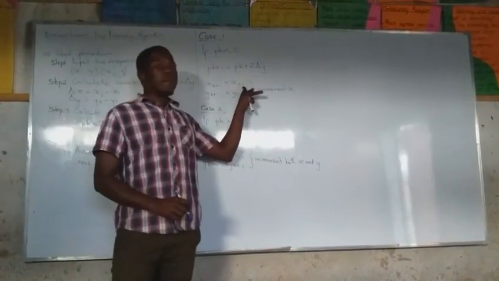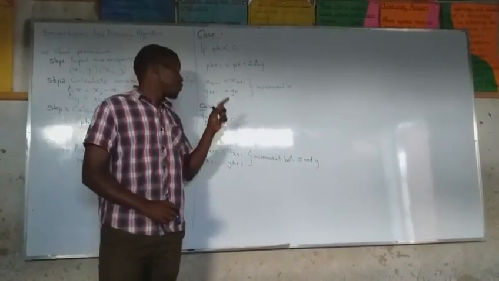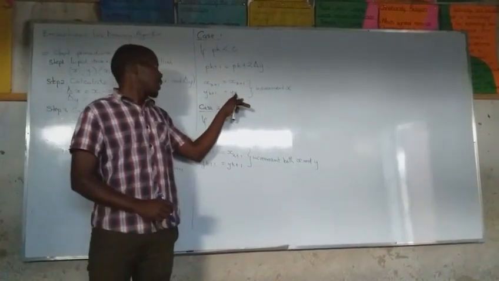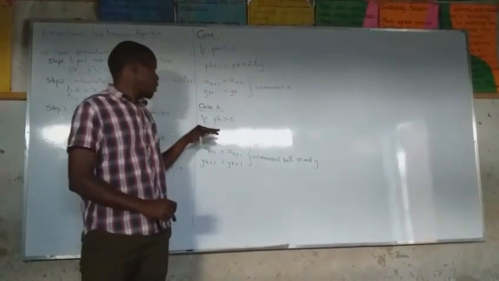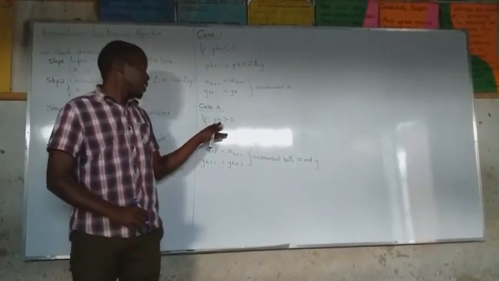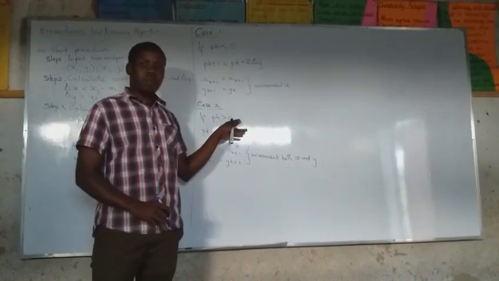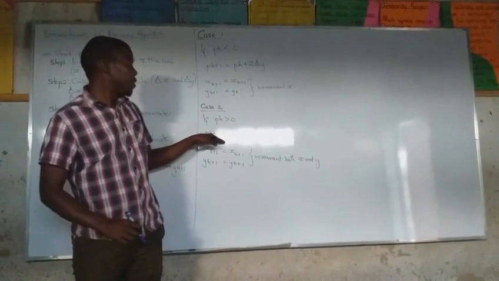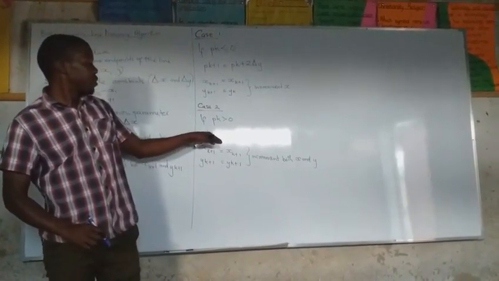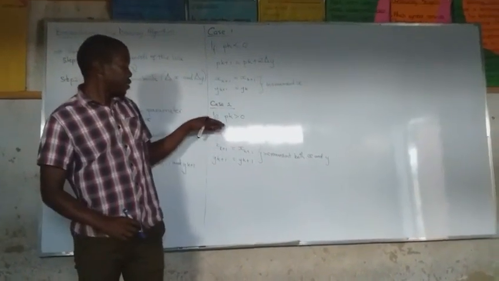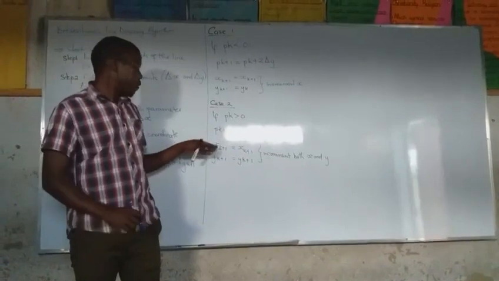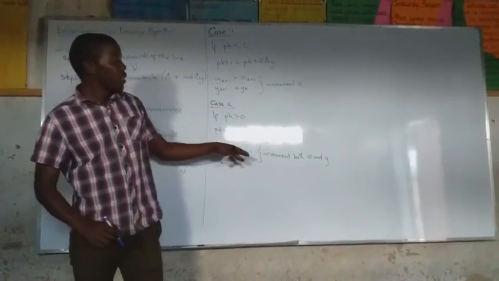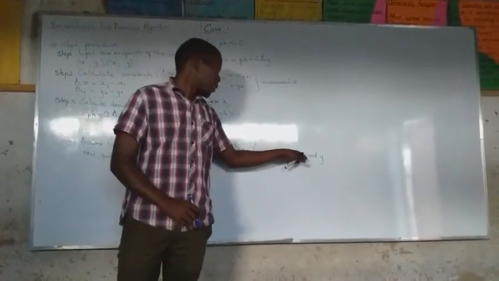So if the decision parameter is less than 0, you use this formula to calculate the next decision parameter, and you increment x only, and you use the current value of y. If the decision parameter is greater than 0, you use this formula to calculate the next decision parameter, and for the next values of x and y, you increment both x and y.